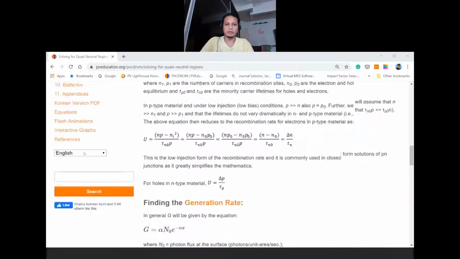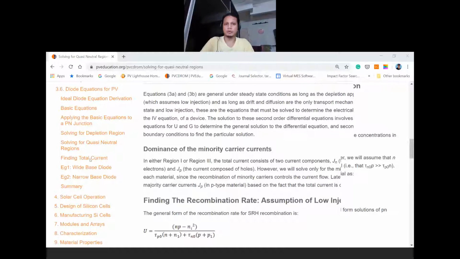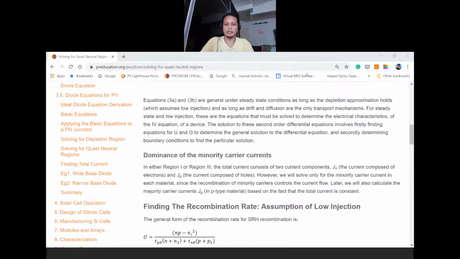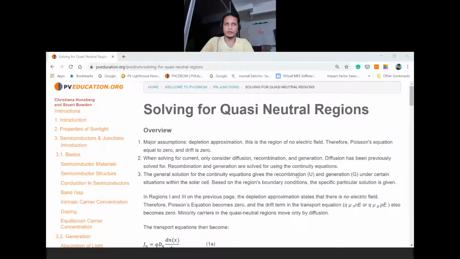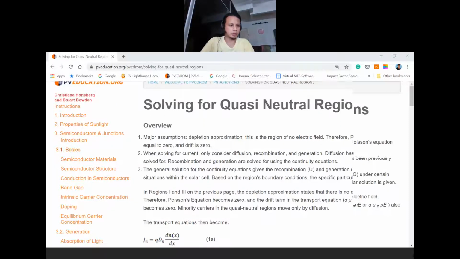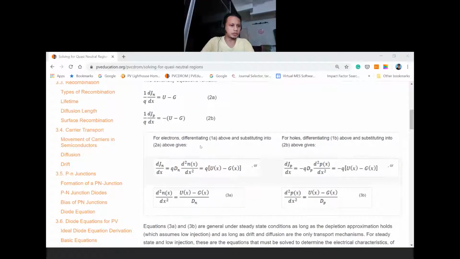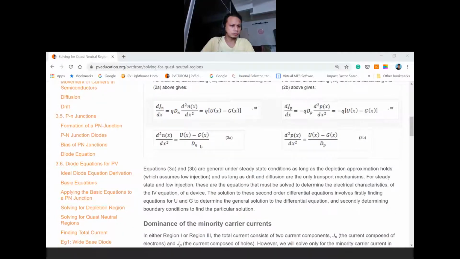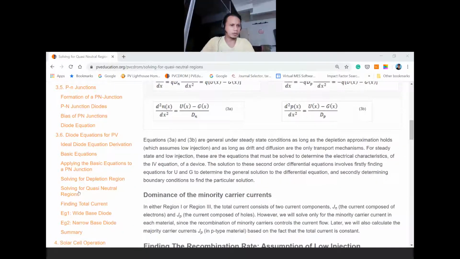Okay, so if you want to know the derivation of this step, I want you to go through this, solving for the quasi-neutral region, which is here. You can come down here to section 3.6 on PVCDROM.